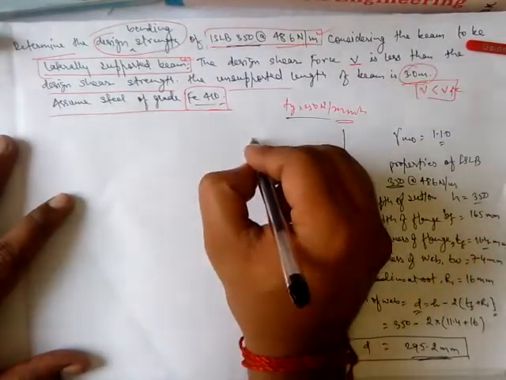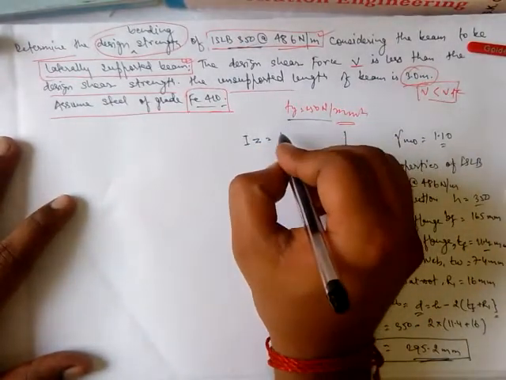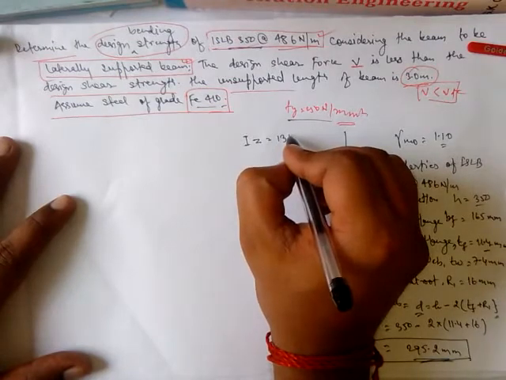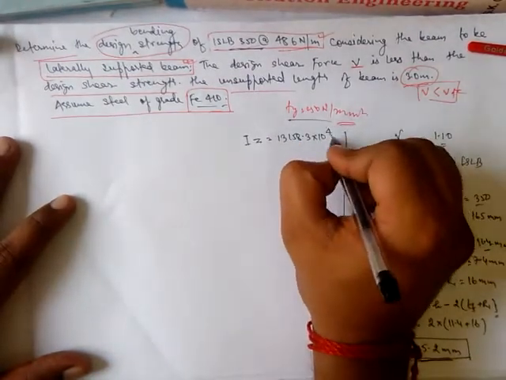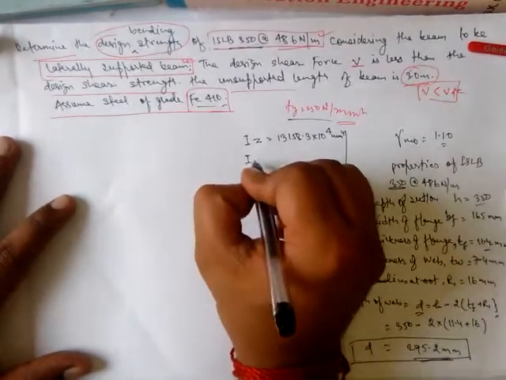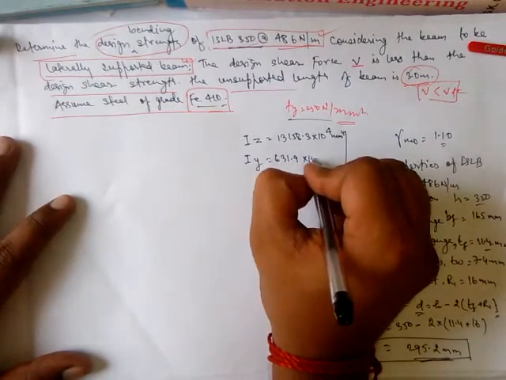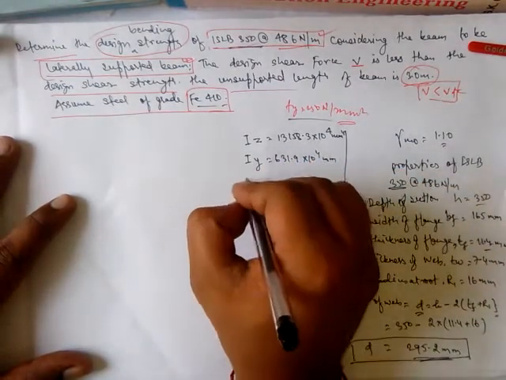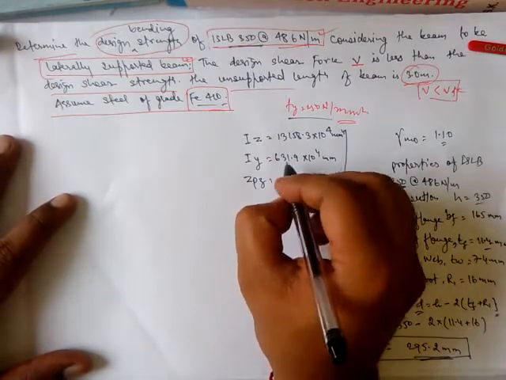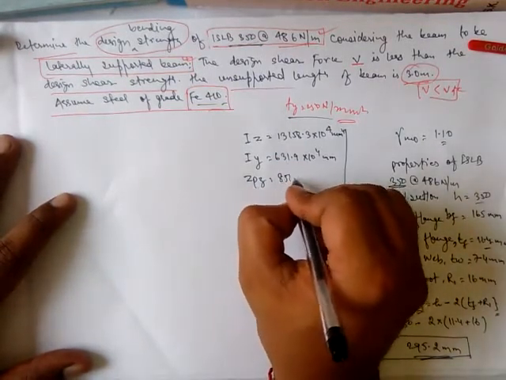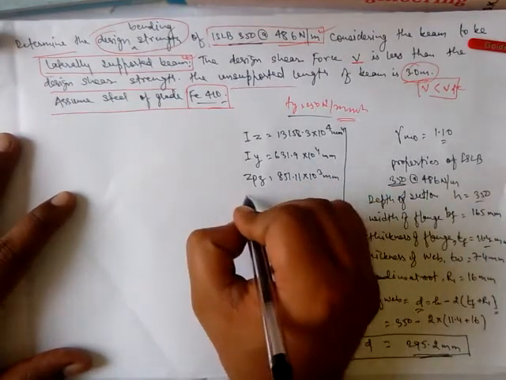Now Izz is 13158.3 into 10 to power 4 mm^4. Iyy is 631.9 into 10 to power 4 mm^4. Zpz, plastic section modulus about Z axis, is 851.11 into 10 to power 3 mm^3.